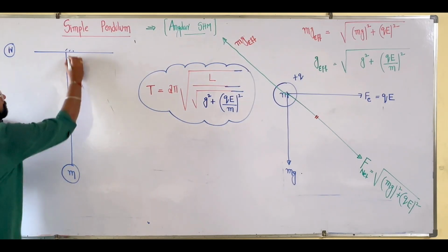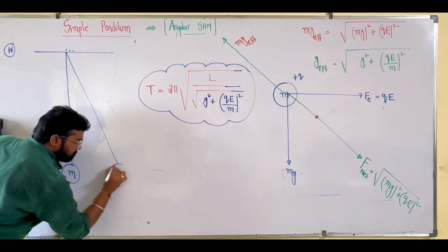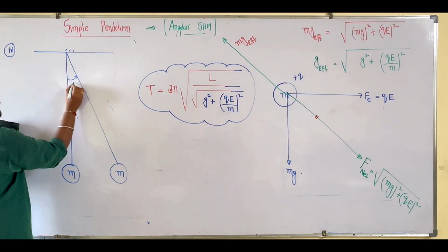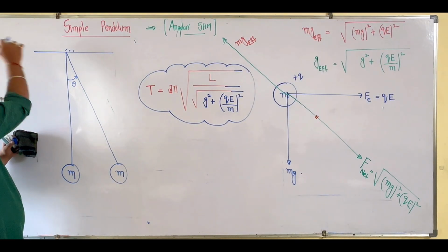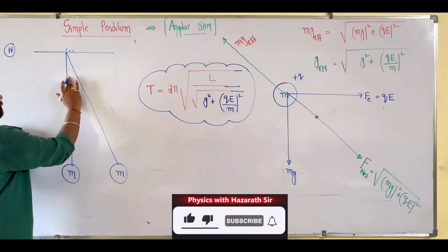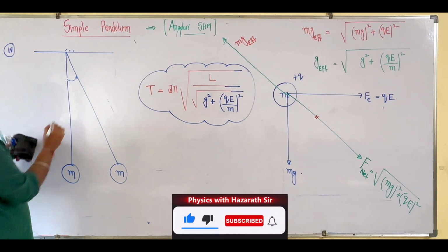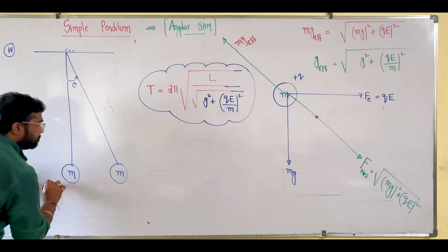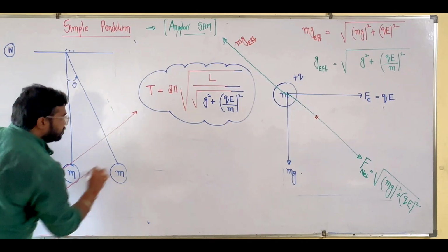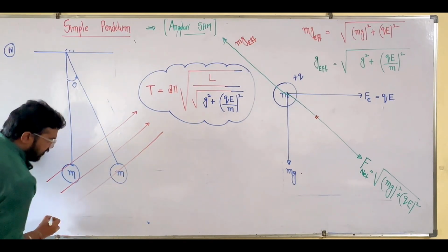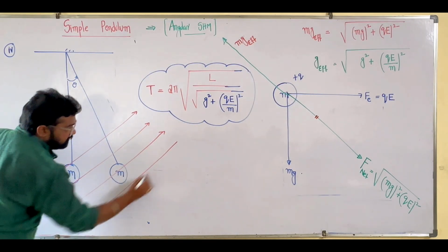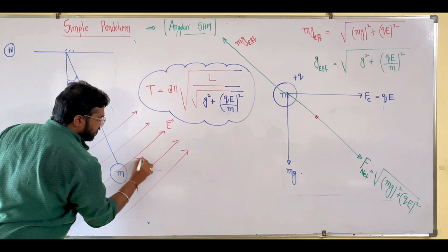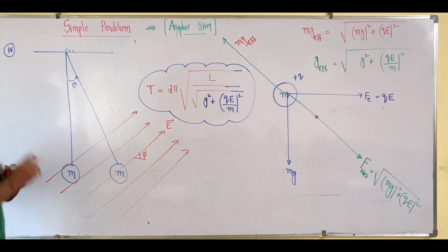This is mass m. The electric field makes an angle phi with the horizontal.